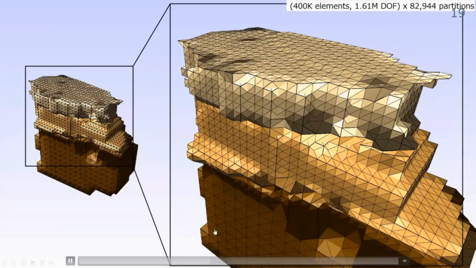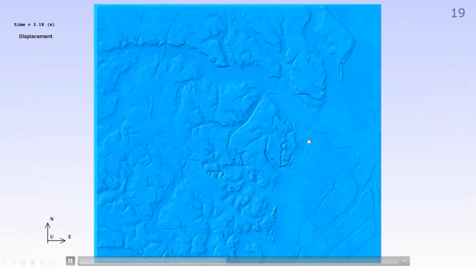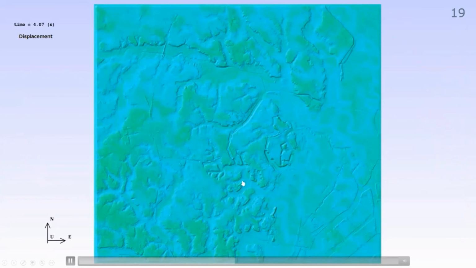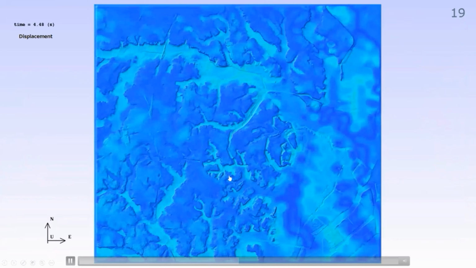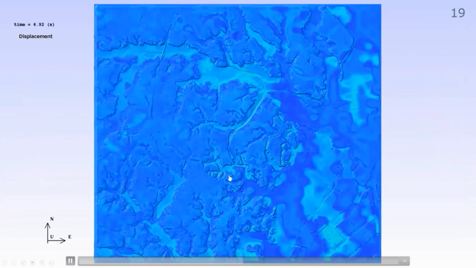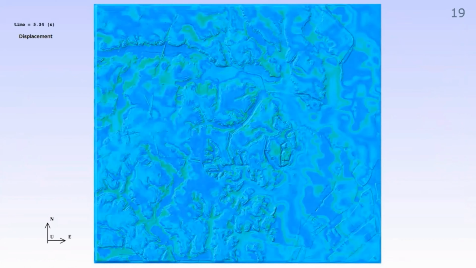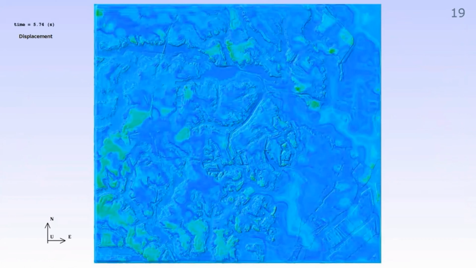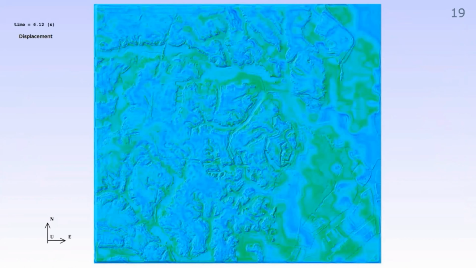We synchronize all the decomposed small domains. We compute the soil structure response, the nonlinear propagation in soft soil. This is the complicated strong ground motion generated by the complicated soil structure.